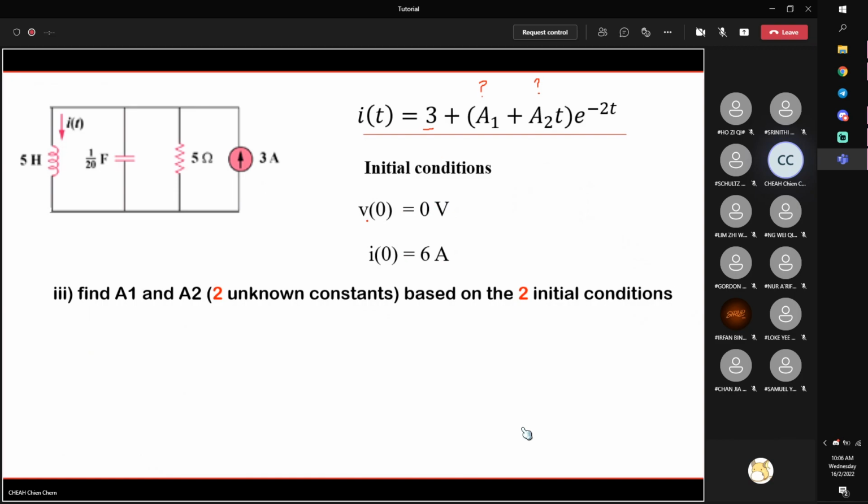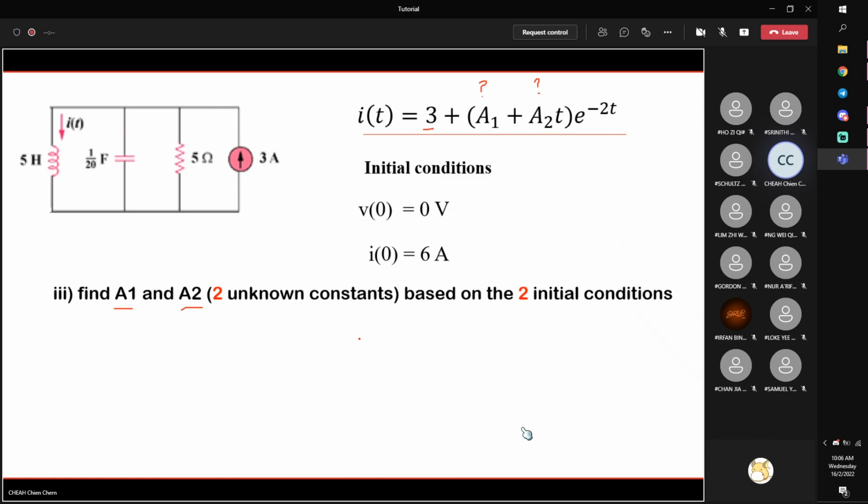Now, for this circuit, it starts from V0 equal to 0, I0 equal to 6 ampere. That means that we have obtained it from analyzing the circuit before switching, at steady state. And after switching, they will not change suddenly. It has to start from these values. Okay, there are two unknowns, A1 and A2.